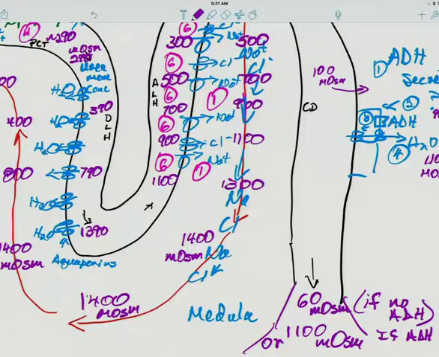Why only 1,100? Why can't we get to 1,400? Any thoughts? Tell your neighbor why that might be. So this can be 1,400. If you let all that water out, is it having any effect on the extracellular fluid?